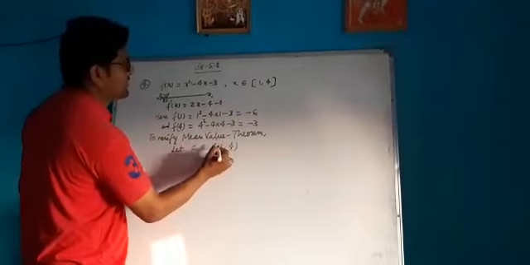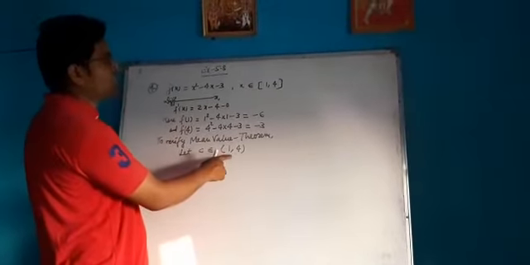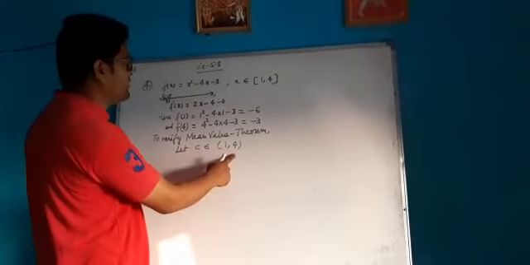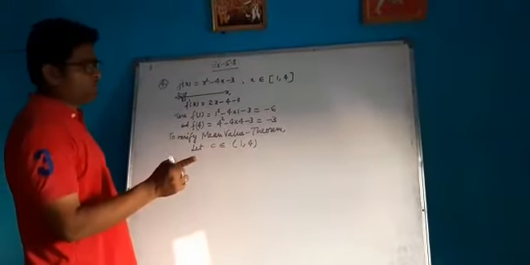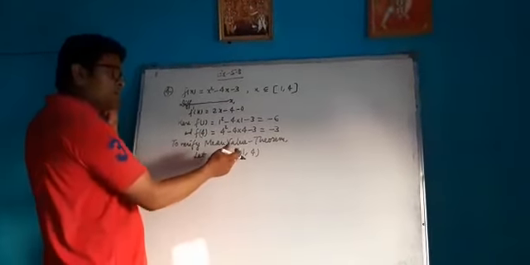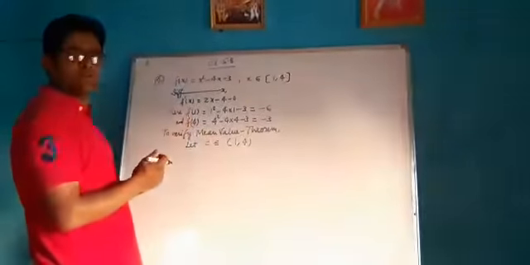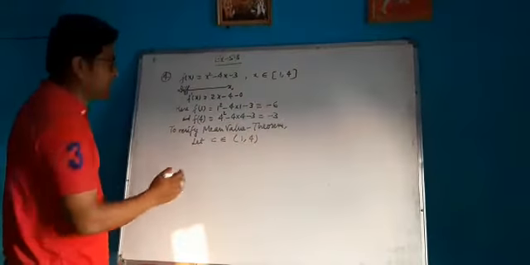We can assume that c is a particular value of x which lies between 1 and 4. It may be a fraction, a rational or irrational number lying between 1 and 4. It should be a real number.